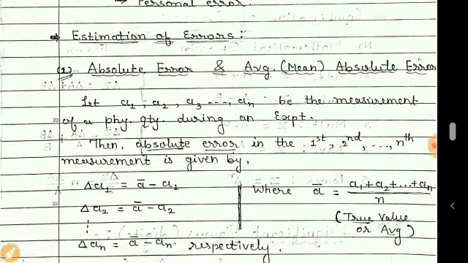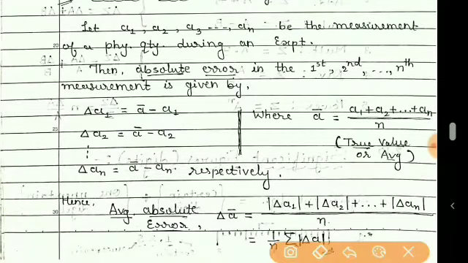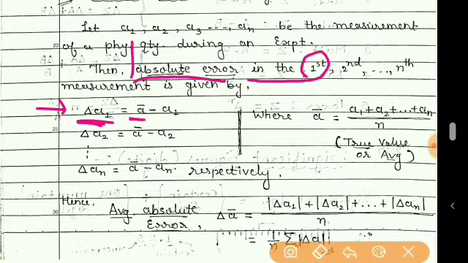So that is nothing but the absolute error. So delta A1 is the absolute error in the measurement of the first reading. And how can we obtain this? Mean reading minus first observation.